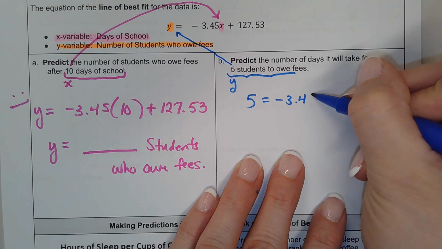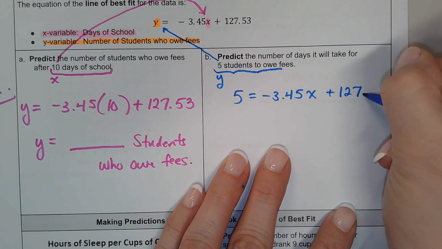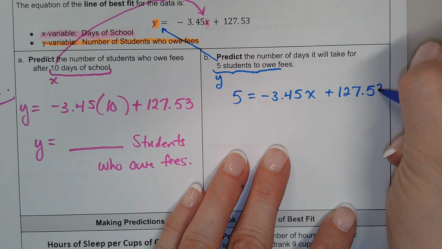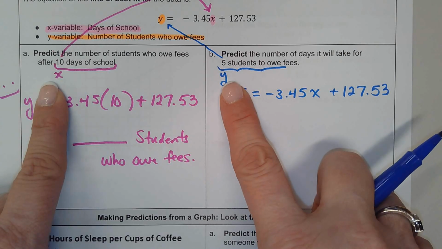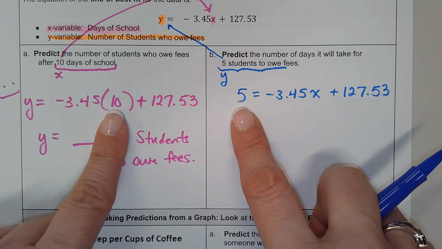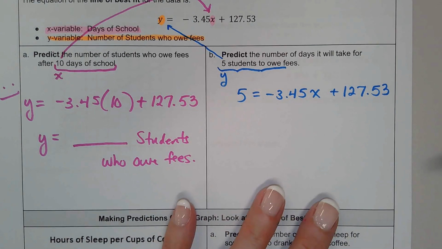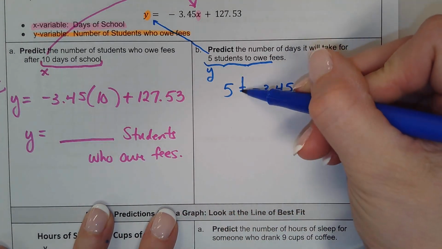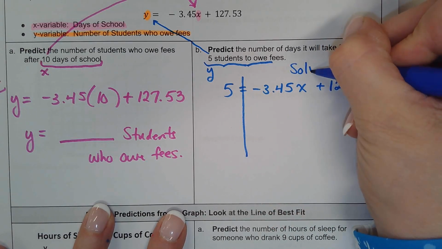So they gave us the y number this time. Sometimes they give us x, sometimes they give us y. The most common mistake people will make is put the number in the wrong place. Beautiful work, but it's not the right place to put the number.